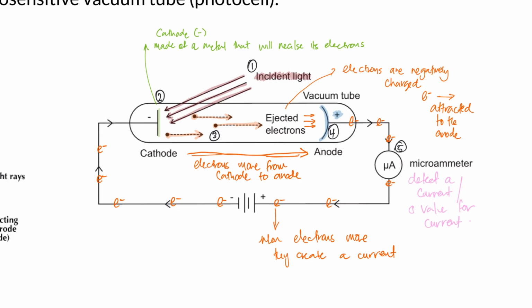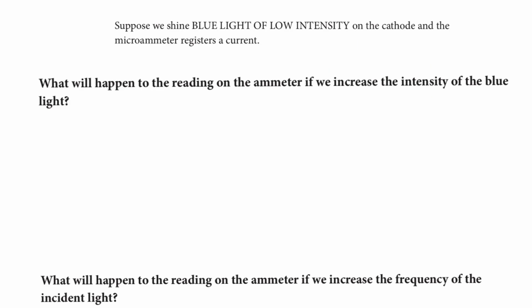We're going to have a look at a couple of questions related to this photocell, and how you're going to answer these types of questions. Alright, it says suppose we have a blue light of low intensity on the cathode and the micro ammeter registers a current. What will happen to the reading on the ammeter if we increase the intensity of blue light?